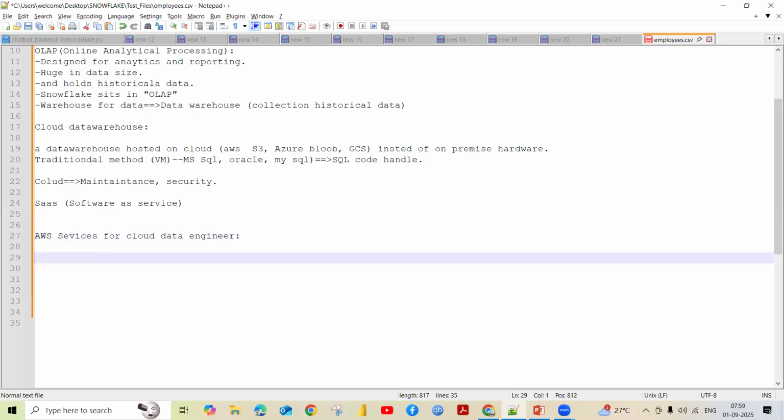Okay. So what is meant by AWS? It's the cloud provider, right? So it also offers similar functionality to Snowflake, but a few of the services which are not part of Snowflake can also be offered by AWS. For example, the storage service is not offered in Snowflake.